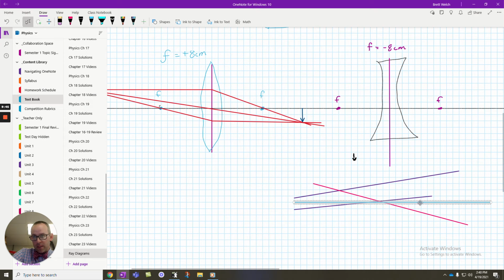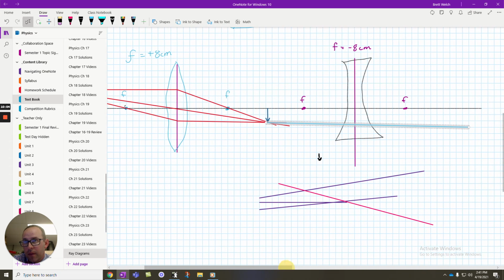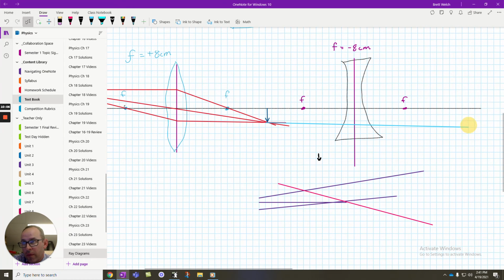So for instance, the first ray is our parallel ray. These lines don't want to behave. All right, well, we'll just come right in here and force it. I'm going to start right out there. Let me come back right here. Do the best we can to be parallel there.